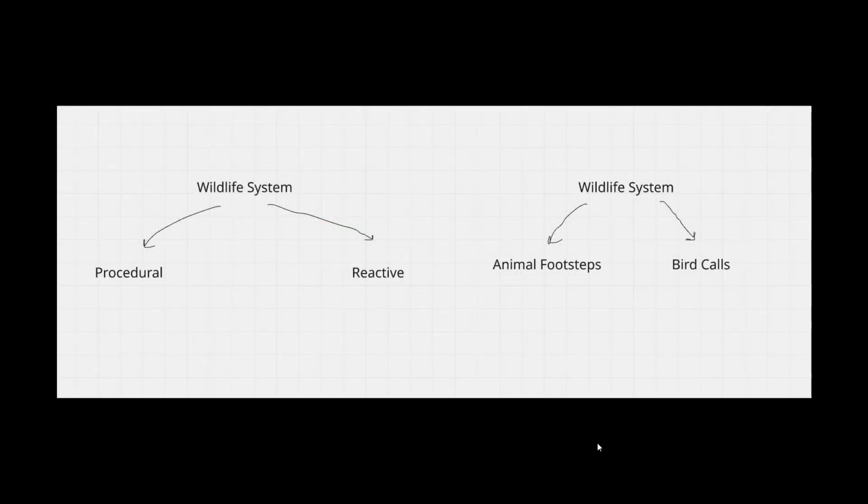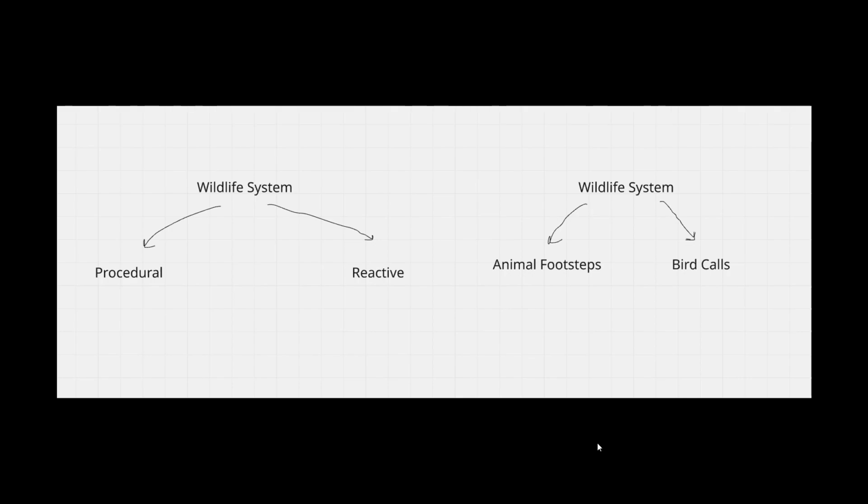Now that we have seen how my dynamic wind system works, let's move on to the wildlife system that I've created. My goal with this was again to make it sound as natural as possible. To add a different level of challenge and to challenge myself even more, I wanted to make it sound reactive.